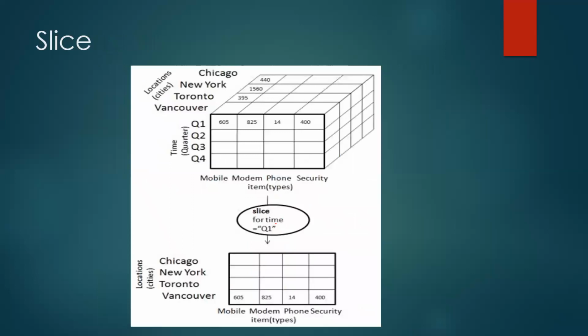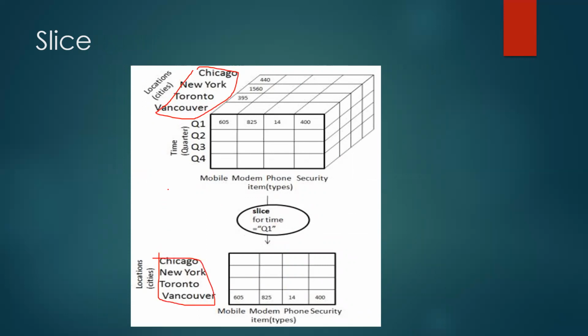The next is called slice. There's no roll up or drill down here. We are looking at the same set of values, the same size of values. Here you have 4 cities, and here also you have 4 cities.